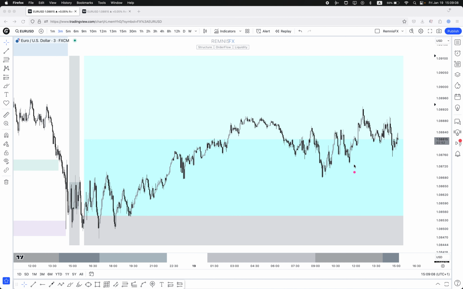And as we can see here, I was intentionally going to show you guys this before price came here during the recording, but unfortunately price came already there.